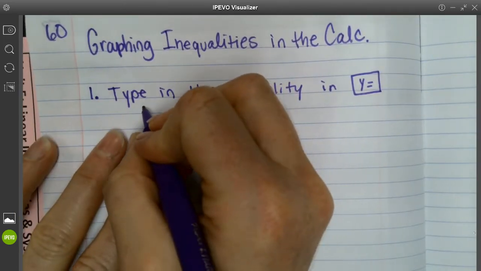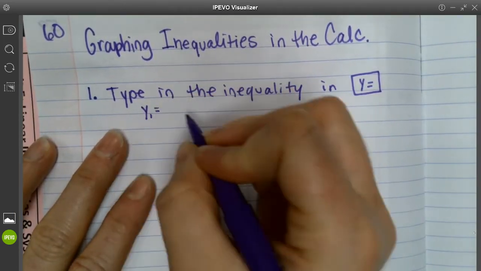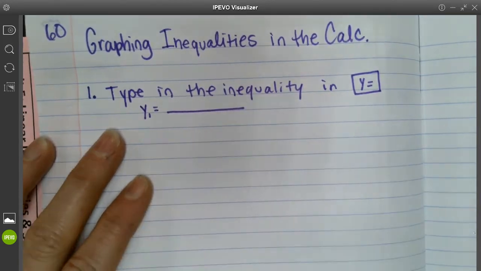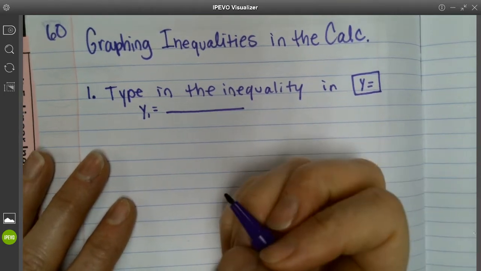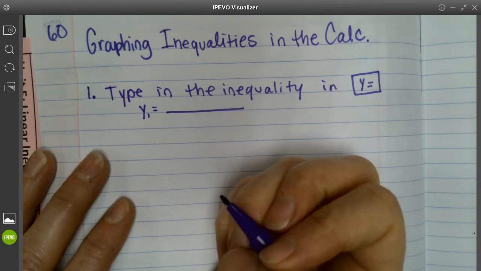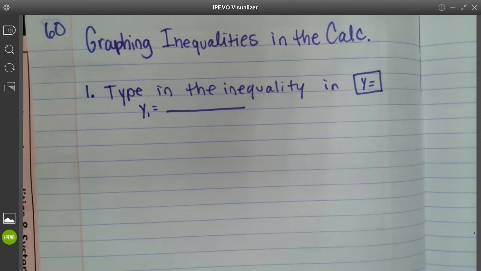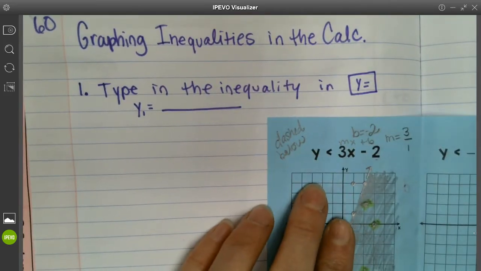You'll see the button that says y1 equals, you're going to type it in right there. We are going to do the one that we did yesterday, this one.